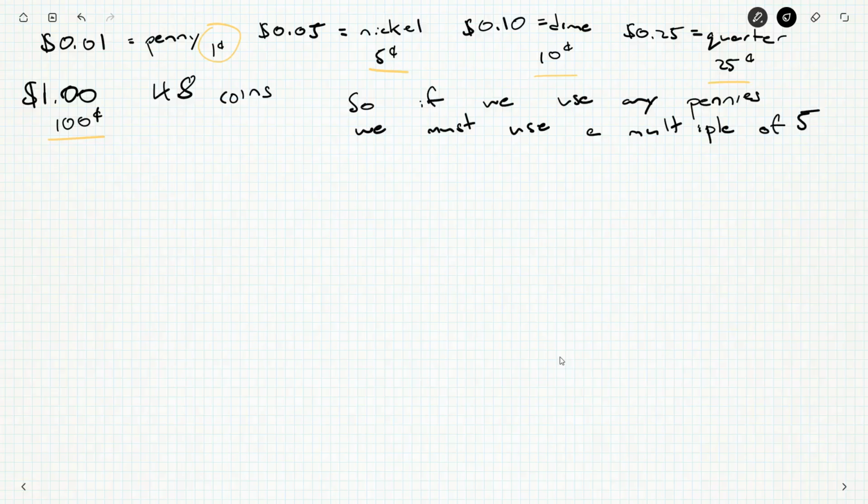If you only use 3 pennies and somehow we're able to work these all together, when you divided the total by 5, you'd get a remainder of 3. But if your total is supposed to be $1, 100 cents, and you divide by 5, you don't get a remainder of 3. So we have to use a multiple of 5 number of pennies. But that's if we use pennies. So this gets us thinking, do we need to use any pennies at all?